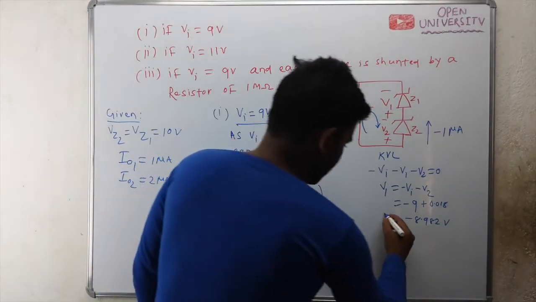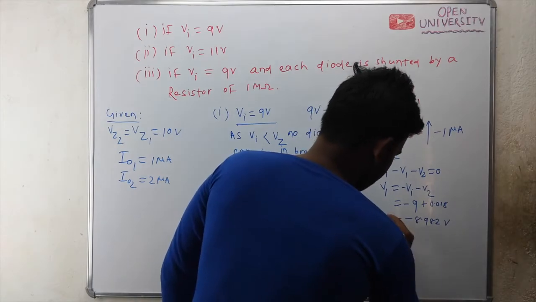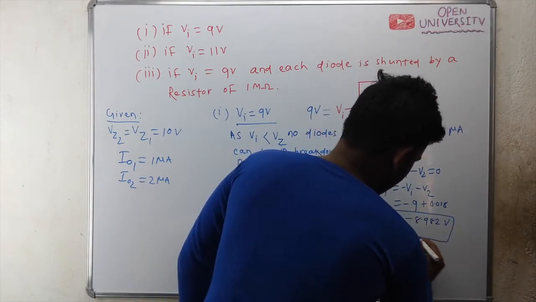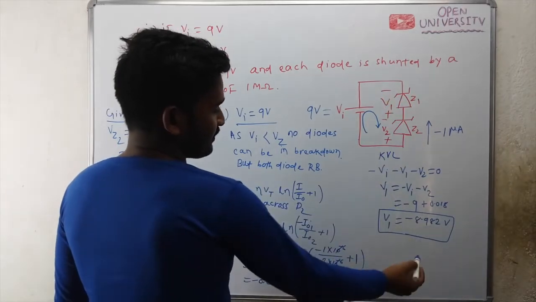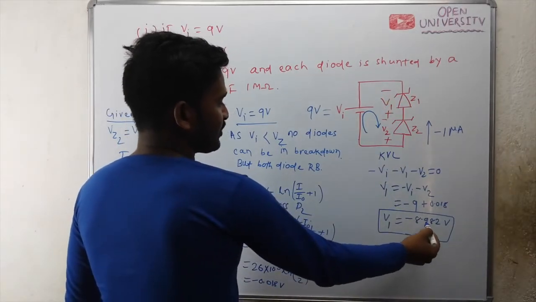This is your V1. That means V1 is minus 8.982 volt.